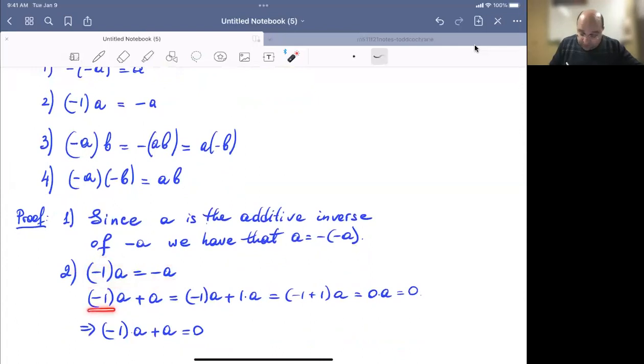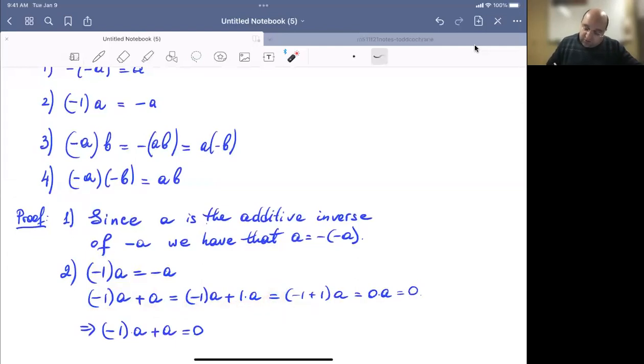By the property that 1 is the multiplicative identity, instead of A, I can write 1 times A. So I get -1 times A plus 1 times A. And then what property am I using in going from here to here?